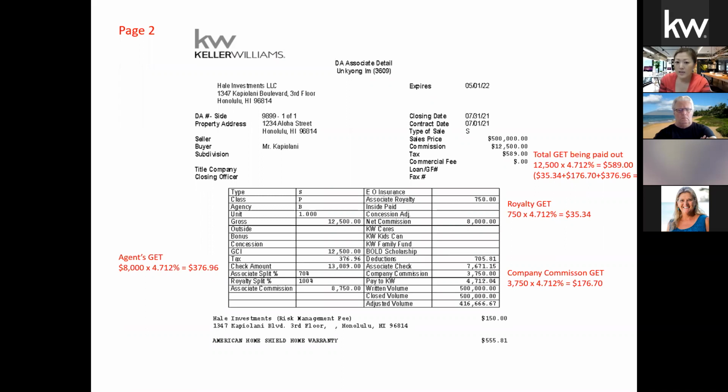And again, you take the GCI, the 12,500, and multiply that by 6% to get the associate royalty, which equals $750. Net commissions is your associate commissions minus the associate royalty, which equals $8,000. That's the net commission.